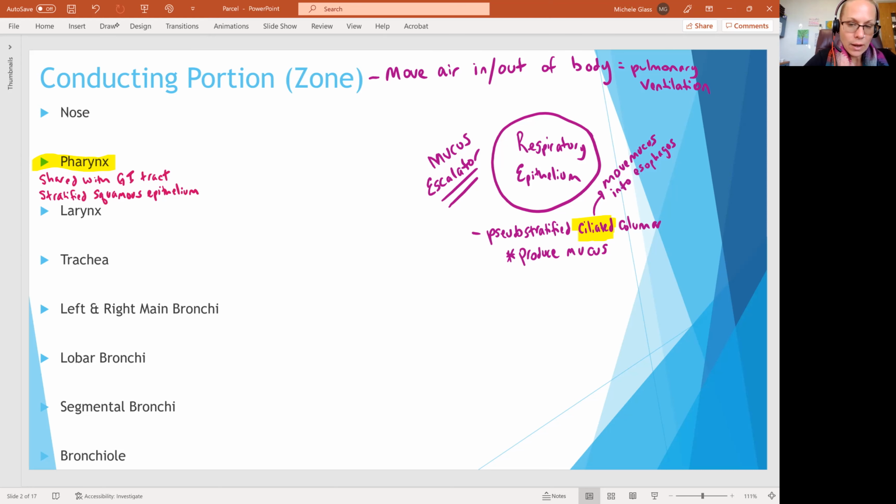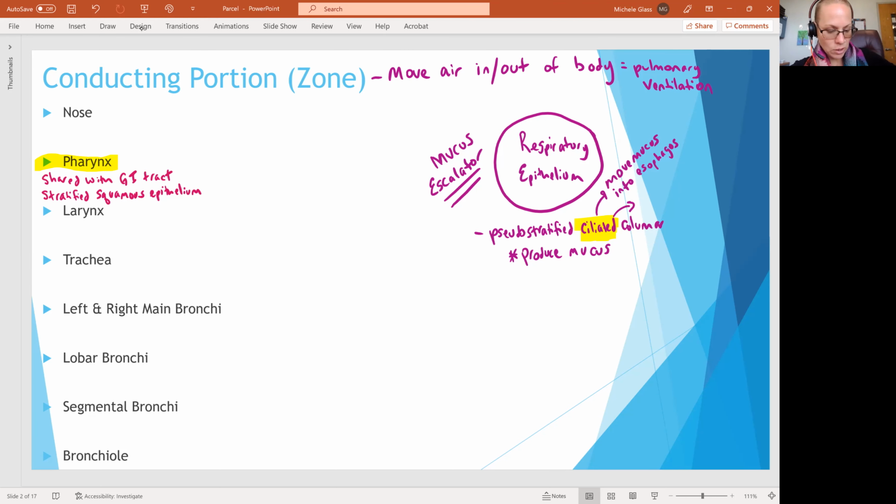Okay. One of the other things to pay attention to when we do talk about the respiratory epithelium and the cilia is that the cilia are going to be slowed by cold air.